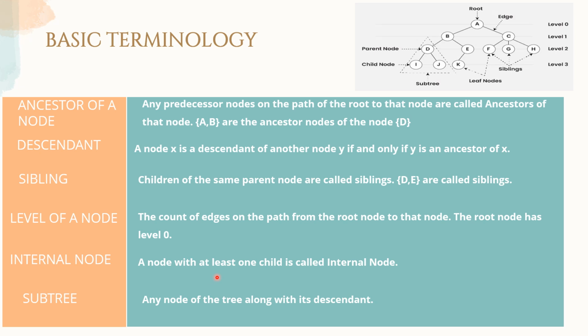A node with at least one child is called an internal node, and E is an internal node. Subtree. Any node of the tree along with its descendants is called a subtree. For example, when you take this tree, this is called a subtree.